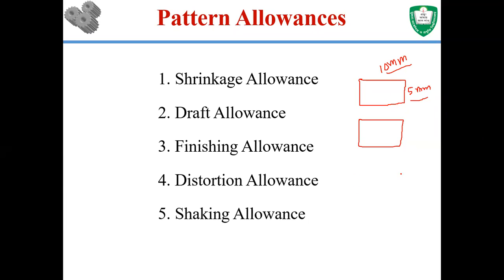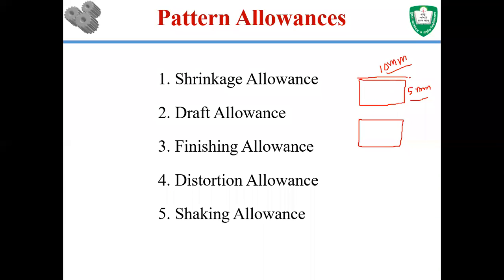Okay, if we make the pattern the same dimension as the final product, then the problem is that the metal shrinks. We pour the molten metal into the cavity to produce the product, and the final product dimension will be less than that cavity. To compensate for that, we need to make the patterns larger.